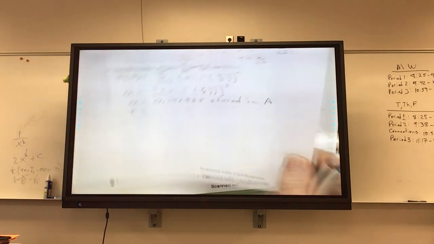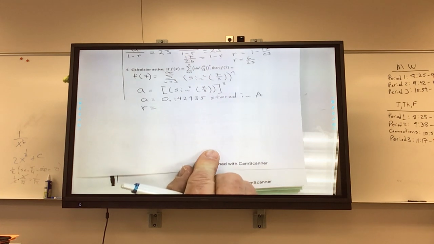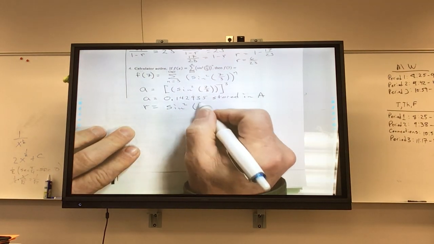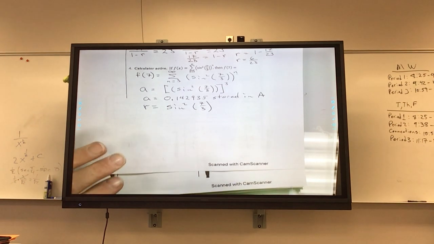So now when I come here, what am I raising to the nth power? Sine squared of s. So what is in that parentheses to the nth power is your common ratio. It's always R to the n. So what is that approximately?